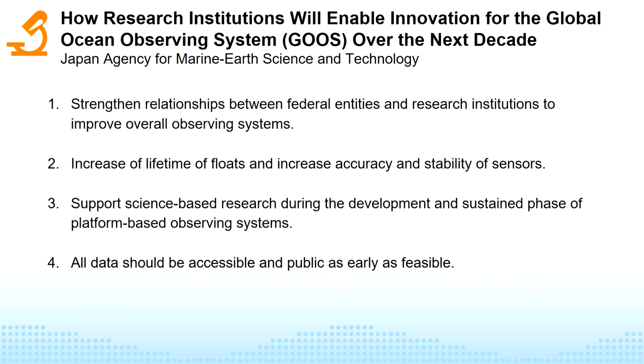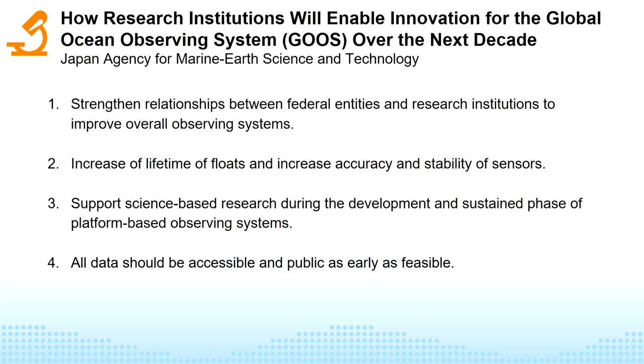The second group is how research institutions will enable innovation for global observing system goals over the next decade. Number one is to strengthen the relationship between federal entities, and I think foundations and NGOs, with research institutions to improve the overall observing systems. Increase the life of the floats, as we heard worry about too many instruments falling to the bottom of the sea.